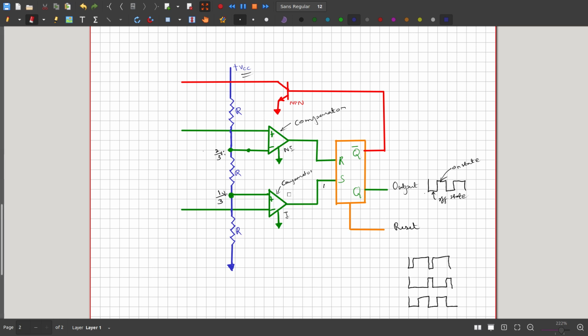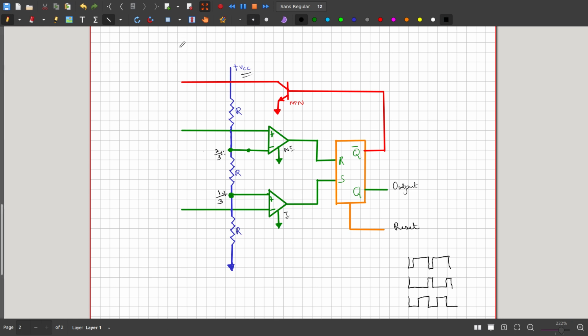So this is a non-inverting, and this one is an inverting comparator. You just remember those things. In order to make this an astable configuration, we need another R and C pair. Let me draw them.